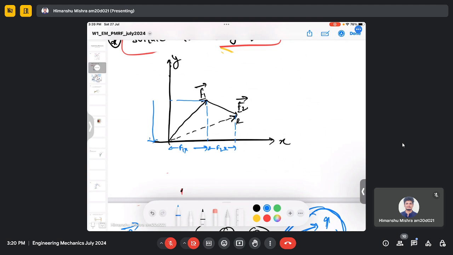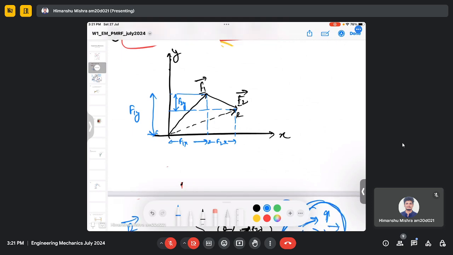This part is the y component of F1, and this part is the y component of F2, right? Then the resultant force along the x-axis is Rx, which is this, and along the y-axis it is this Ry. So these are the components of the resultant force.